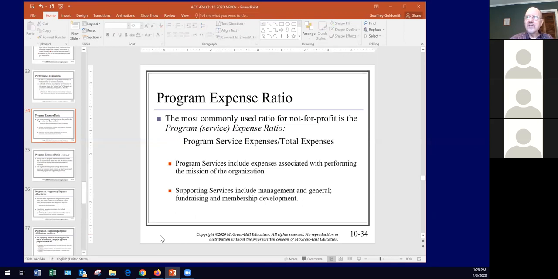Often you hear 85% cited as a good benchmark, that at least 85% of the money they have should be spent on their programs and only 15% on management and fundraising and so on.